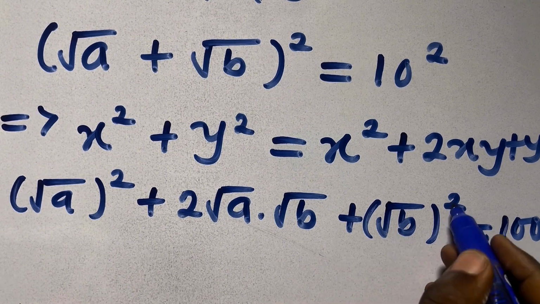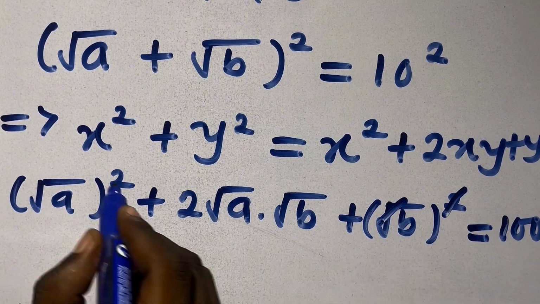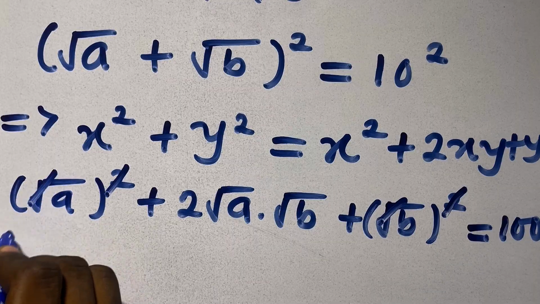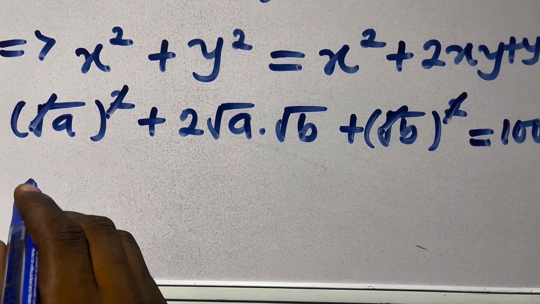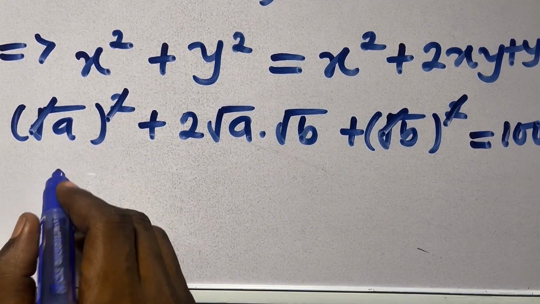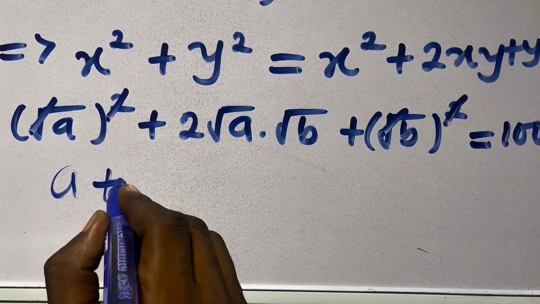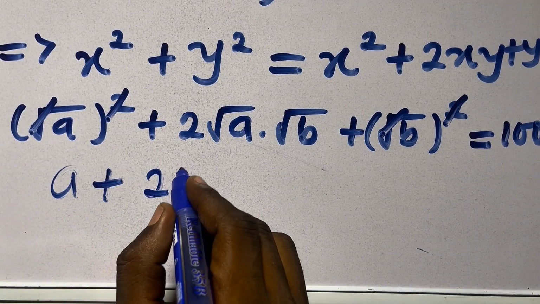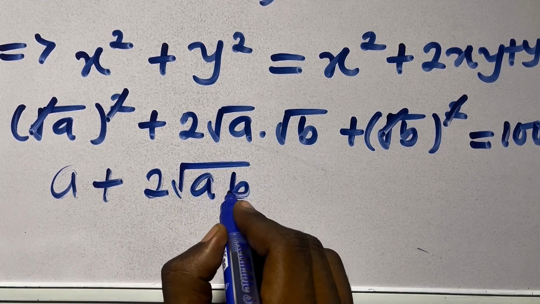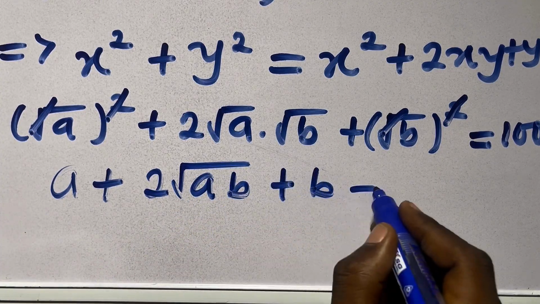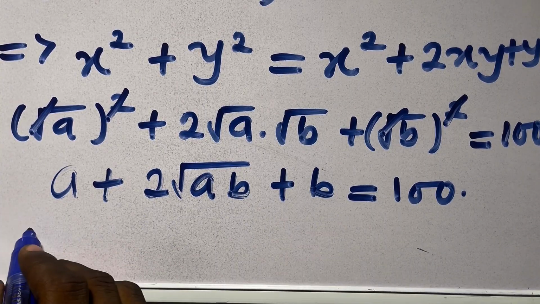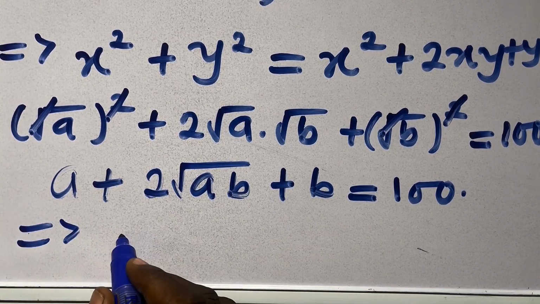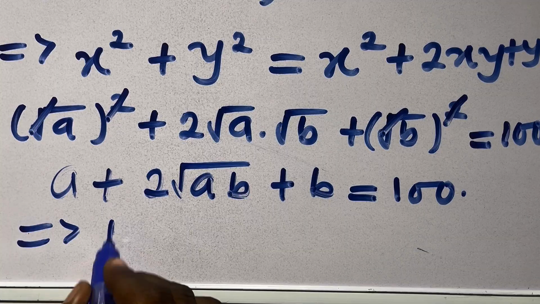You observe that the square will cancel the square root, and here also the square root will cancel the square. So what we'll have now is a plus 2 root ab plus b equals 100.